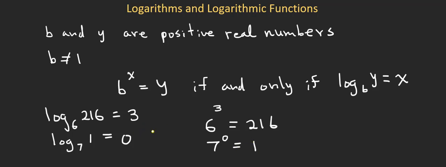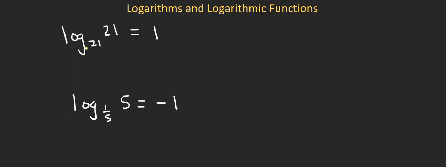Another way to interpret a logarithm is that logs are exponents. Logs are exponents. So whenever the log of something is equal to a number, that number will be an exponent. So you've got log base 21 of 21 equals 1.